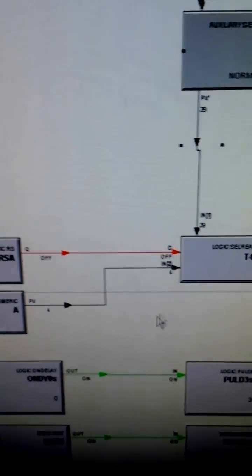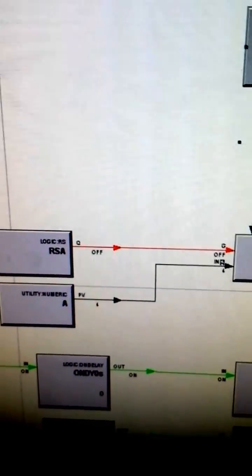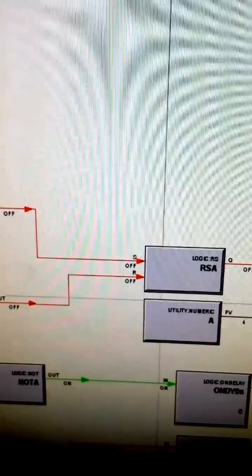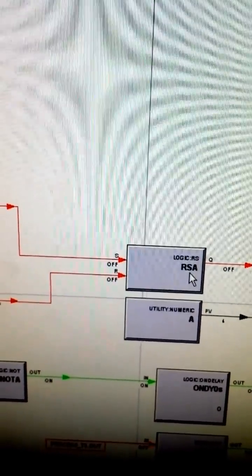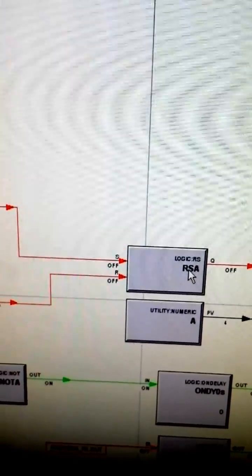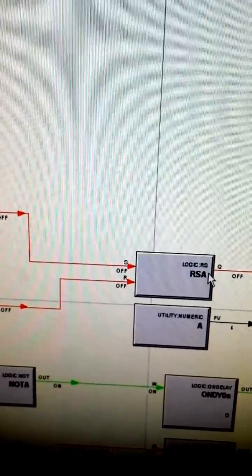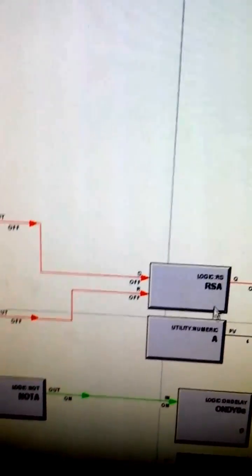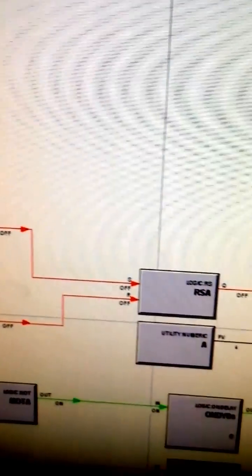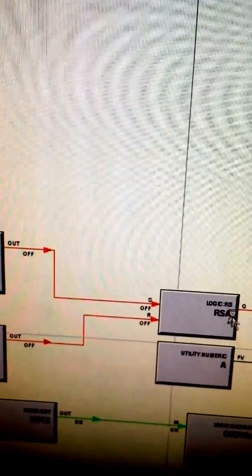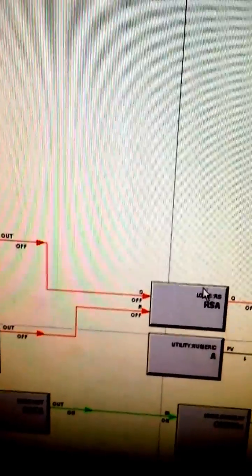Now this one, G. Okay, track. We will track the G line. So there is RS A. So reset and set, A is a number. This is the first block of RS. That's why A. We can say RS number 1 or RS number 2 if there's another RS in here. But here it is denoted A. That means it is the first RS block.